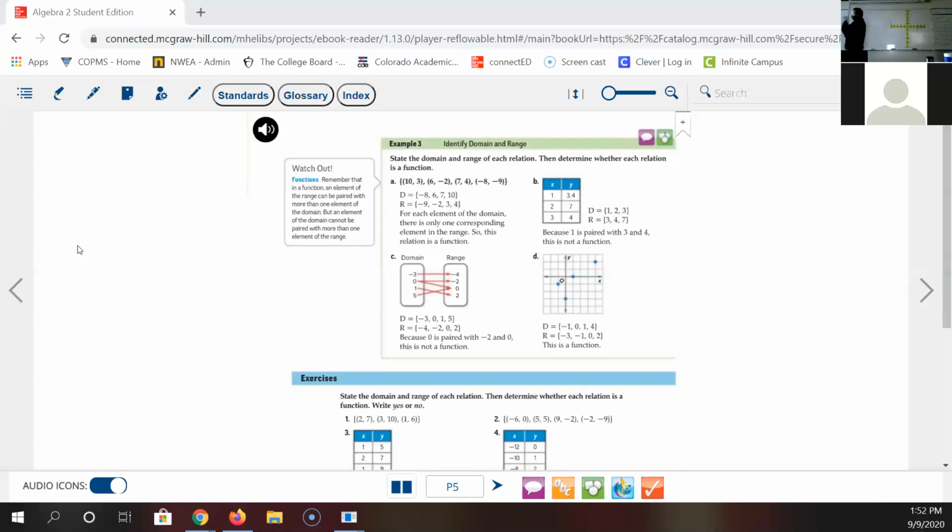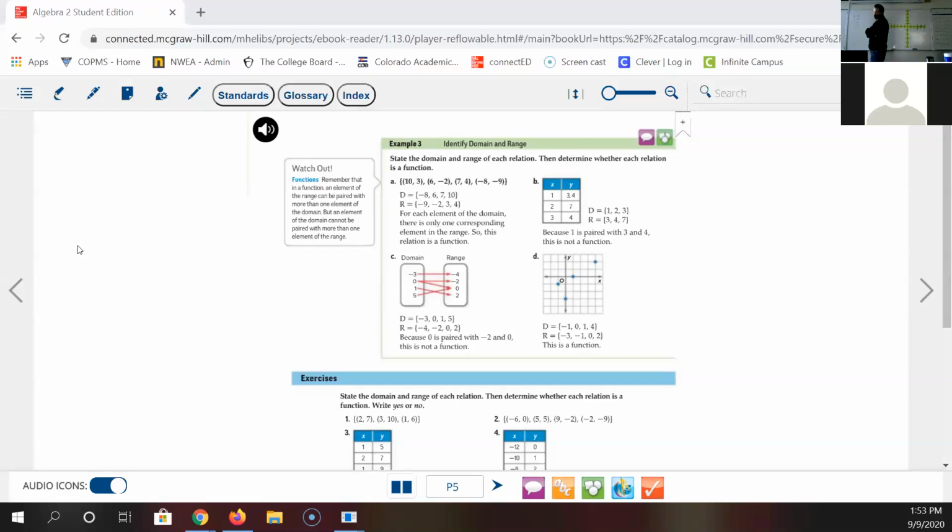So if we start with -3, that maps only to -4. So that is a point that's good. It passes the vertical line test. If you look at the point 1, that maps to the range value of 2. Once again, it's just 1 to 1, so that one passes. If you look at 5, 5 maps to 0, that one's good.